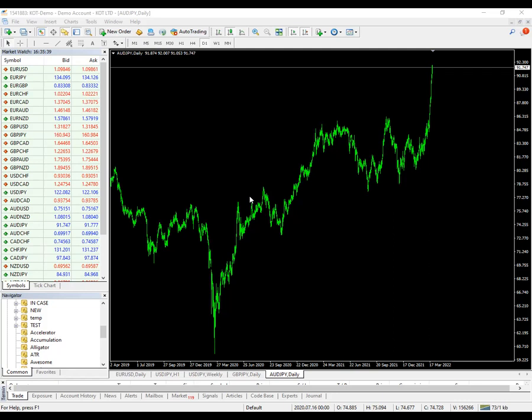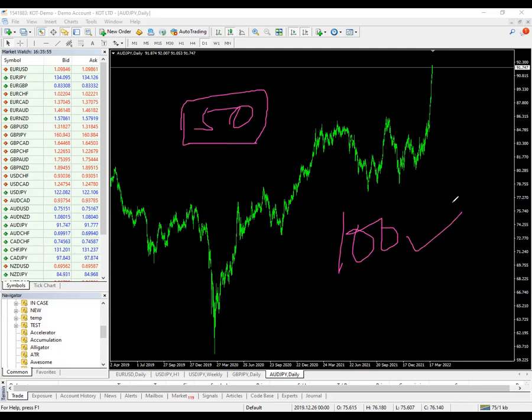Assuming you want to use maybe 50 and then 100 for two moving averages. Looking at 50 and 100, which figure is big? The 100 is a huge figure compared to the 50.